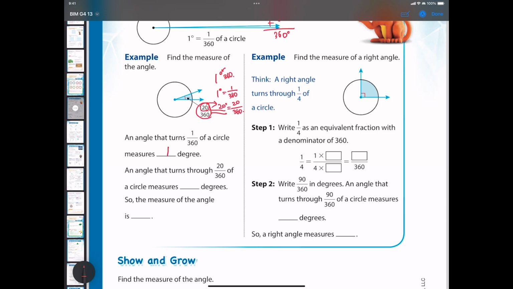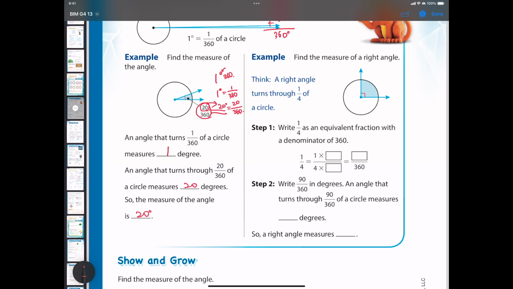We know that, right? An angle that turns through 20 out of 360 of a circle measures 20 degrees. So the measure of the angle is 20 degrees. This angle is another simple one. You see, I told you this chapter is getting easier and easier when you move on, okay?